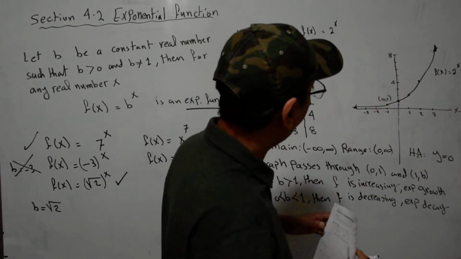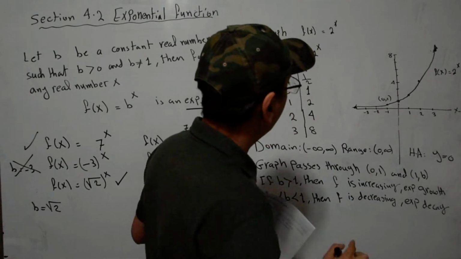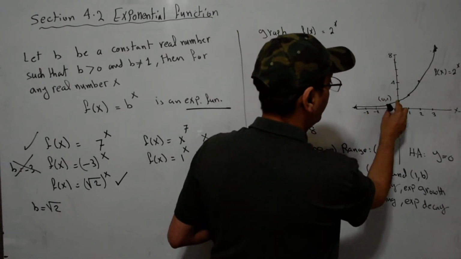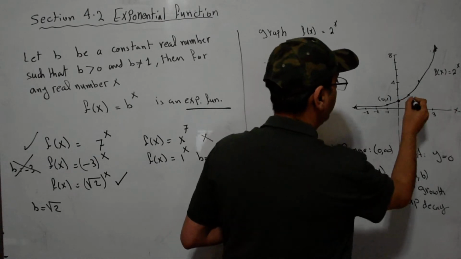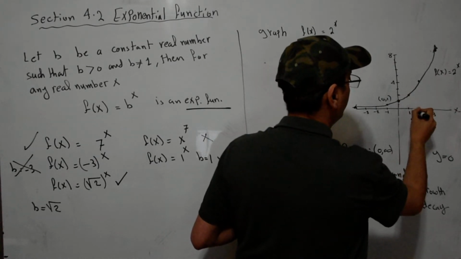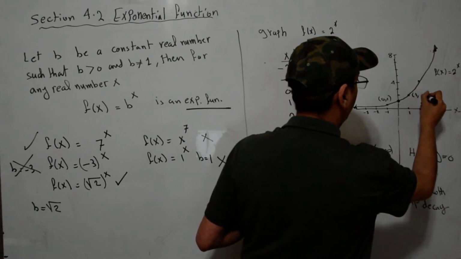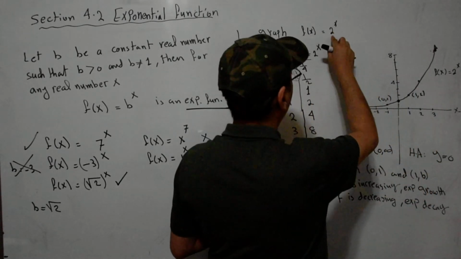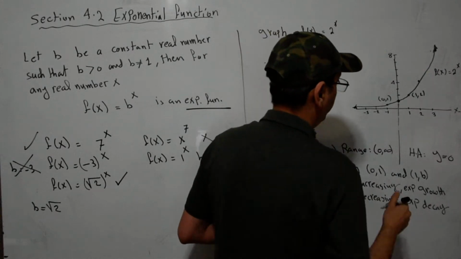Notice three things about the function. The function passes through 0 and 1, and also 1 and 2, and 2 is the value of b.